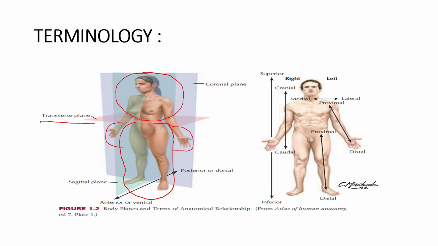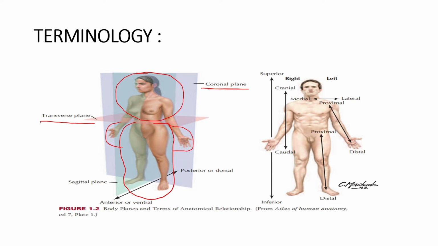And if the body is divided into one anterior or front portion and posterior portion, then it will be called as coronal plane. Okay, frontal or coronal means divide body in anterior and posterior, that may be equal or unequal part.